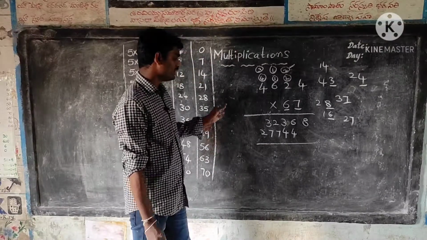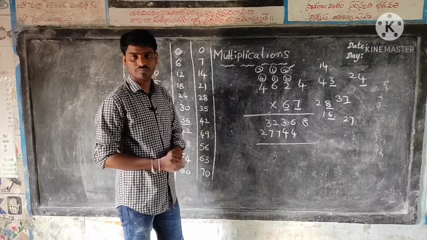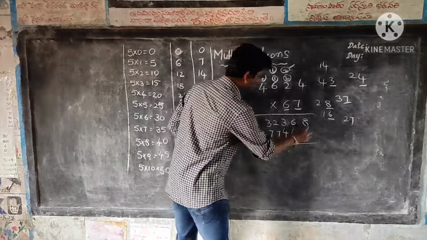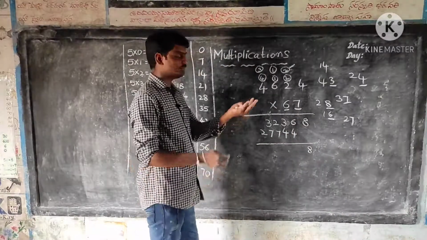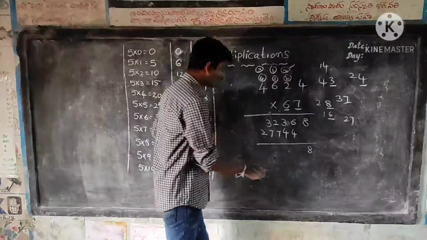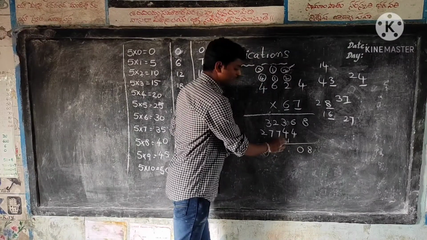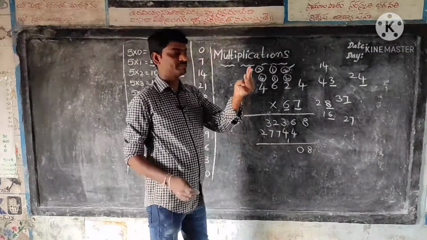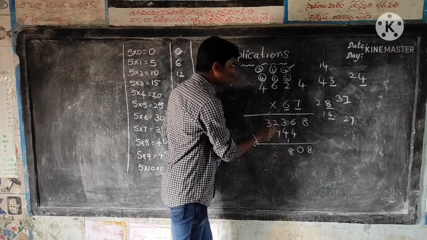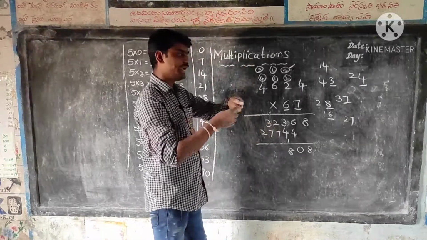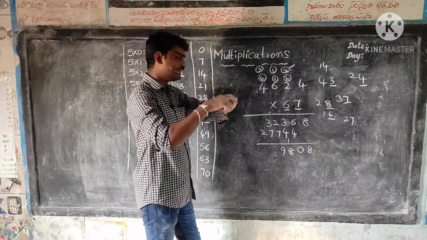So the last step, we have to add these two answers. 8 plus nothing, 8 only. 6 plus 4, 7, 8, 9, 10, 0, 1 is carry. 4 plus 1, 5, 5 plus 3, 6, 7, 8. 7 plus 2, 7, 8, 9. 7 plus 3, 7, 8, 9, 10.